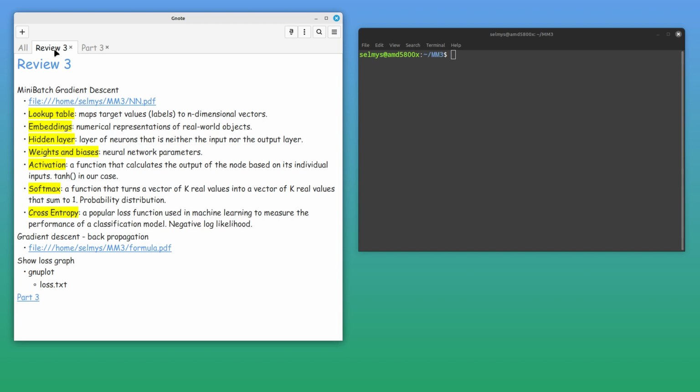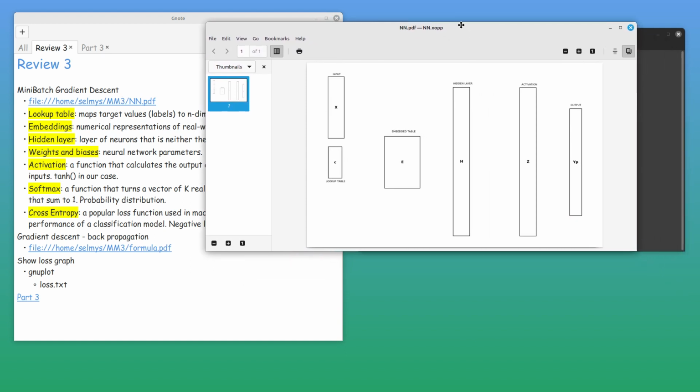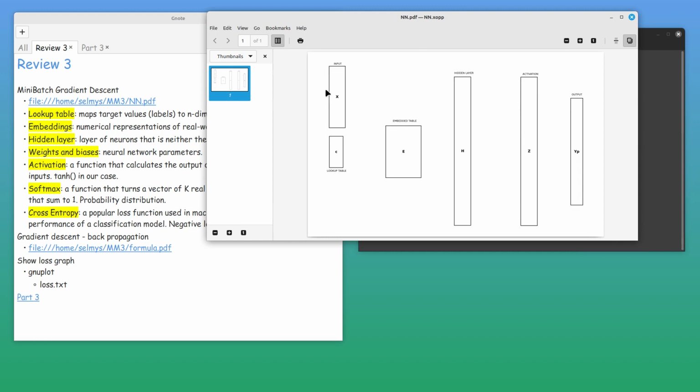In the last couple of videos, we've been going over what's called batch gradient descent and mini batch gradient descent. And what we had was a network that looked kind of like this, where our inputs were the X table.